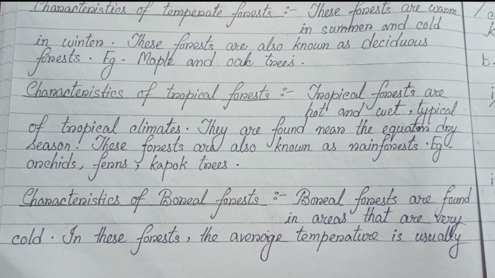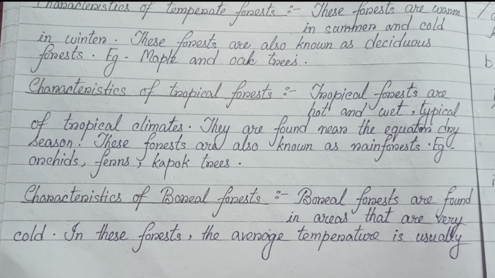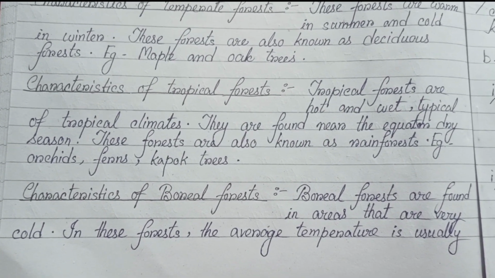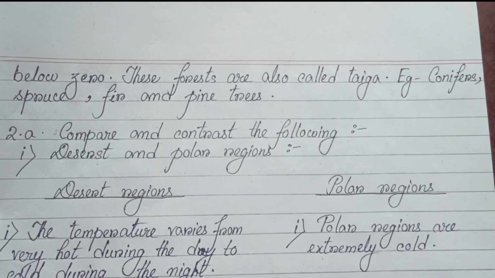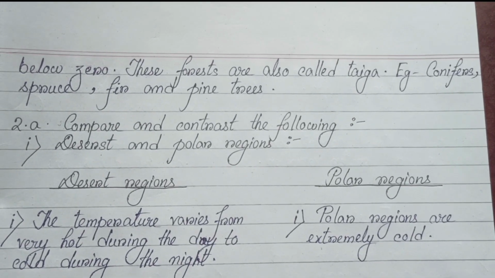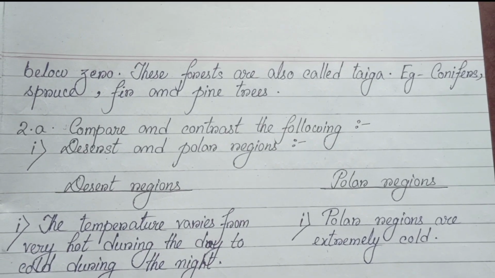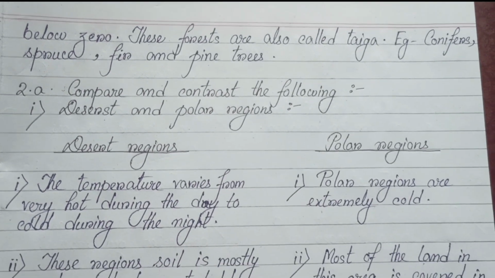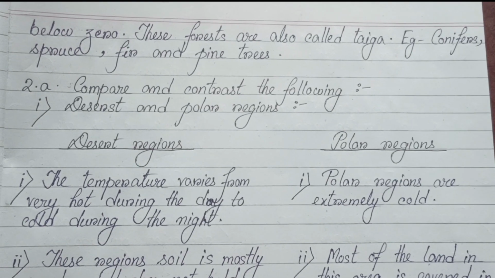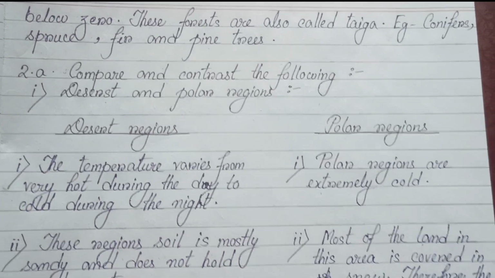Characteristics of boreal forest. Boreal forests are found in areas that are very cold. In this forest, the average temperature is usually below zero. These forests are also called taiga. Example: conifers, spruce, fir and pine trees. Okay, next, number 2. A, compare and contrast the following.